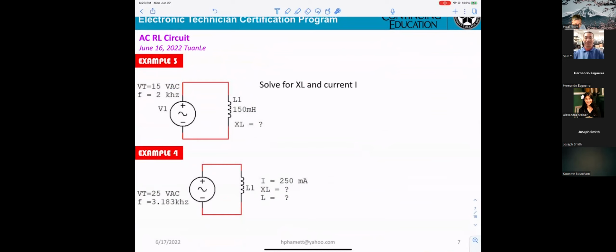And that XL, who can tell me what is the value? XL equal to 2 pi FL. Who got XL?